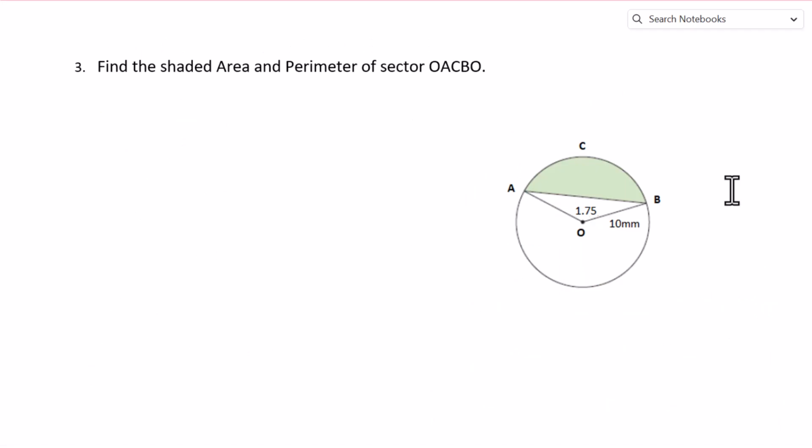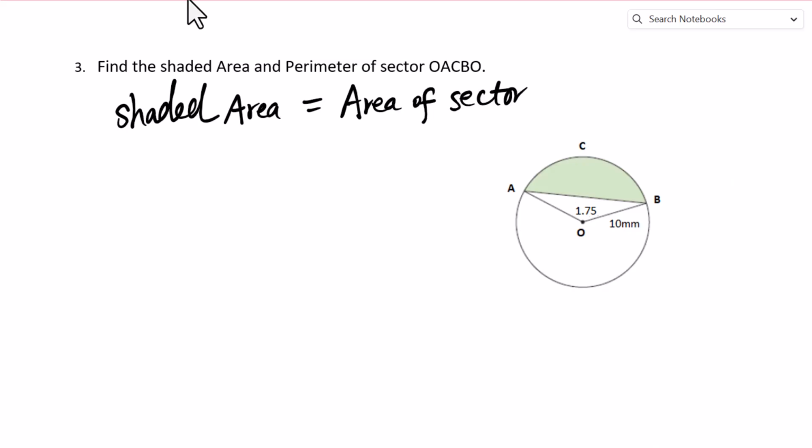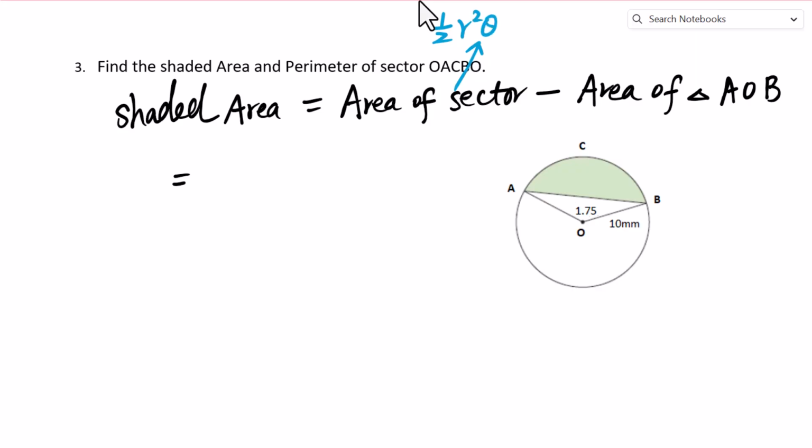Find the shaded area and the perimeter of sector OACBO. The shaded area equals area of sector minus area of triangle AOB. Area of sector, we got to use the formula 1/2 r squared theta.